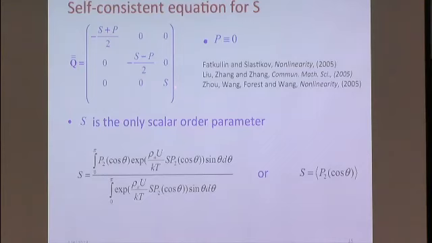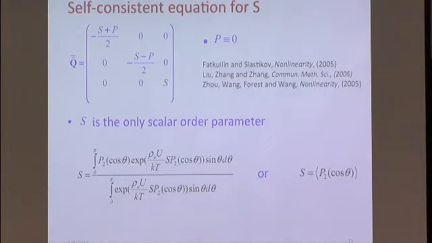It has been proved by 3 groups in 2005 that P is always equal to 0, which means finally your Q is always uniaxial if the Z axis is taken to be the eigenvector associated with the distinct eigenvalue. So at the end, we only need to care about the value of S.